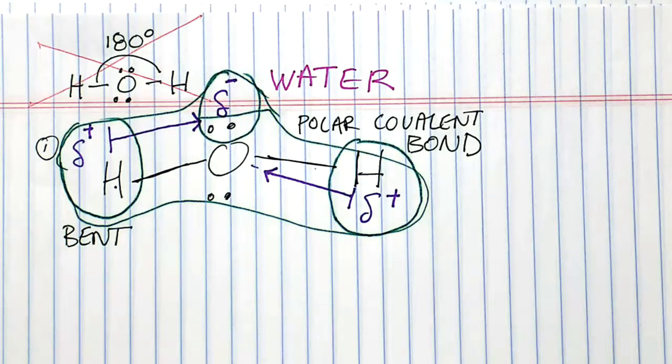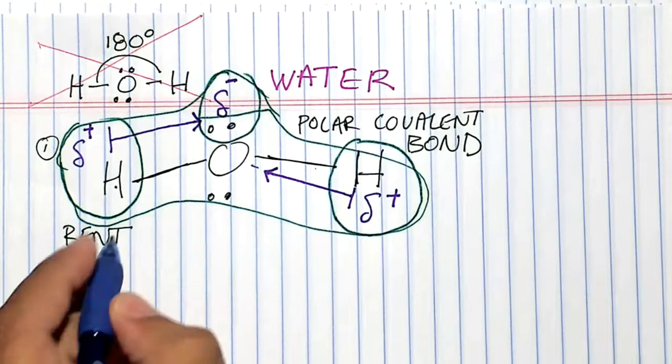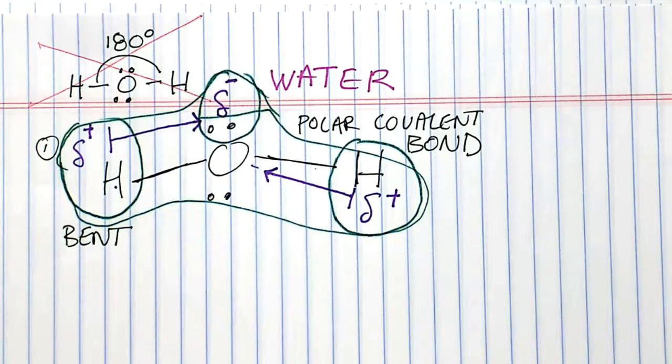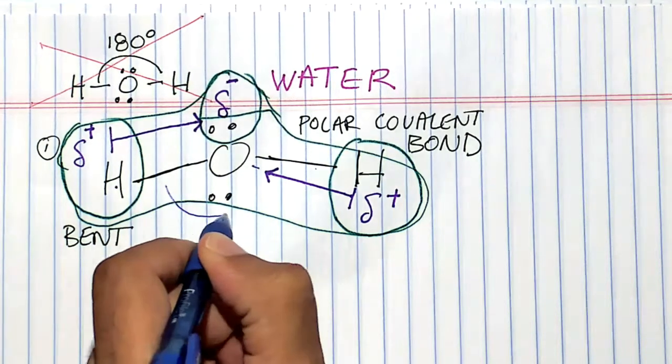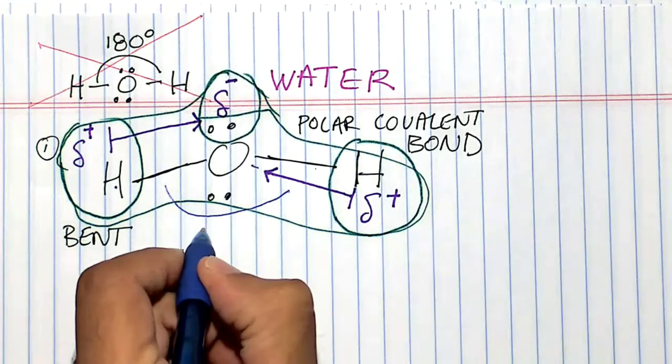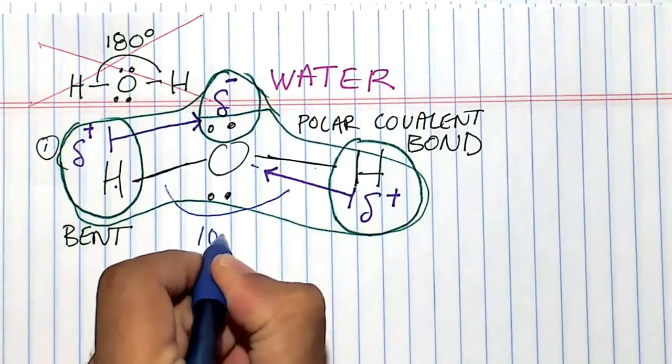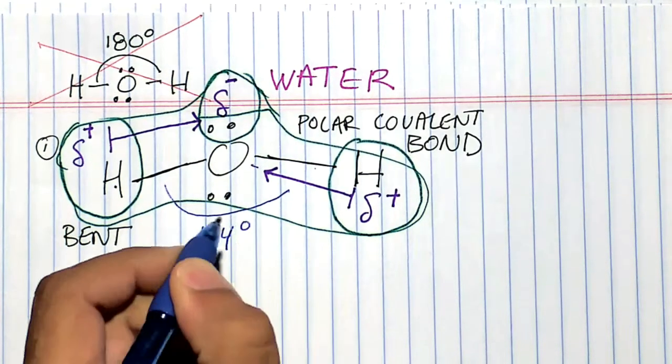Okay, one of the things that the water molecule does have is a very unique bond angle. So the bond angle of the water molecule, and this is an approximation, I don't know the exact angle off the top of my head, but I think it's about 104 degrees.